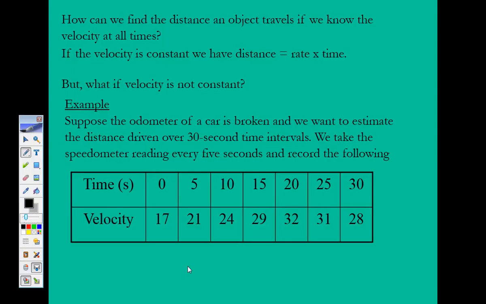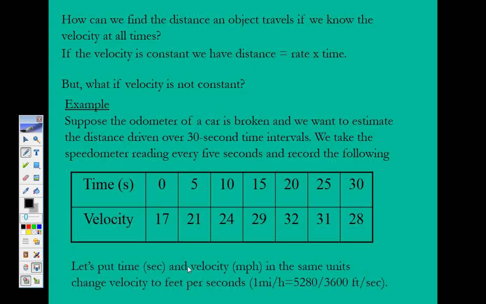Now, our velocity is in miles per hour and our time interval is in seconds. So let's get a common unit for our velocity and our time. We'll put time, which is in seconds, and we'll change the velocity from miles per hour to feet per second.